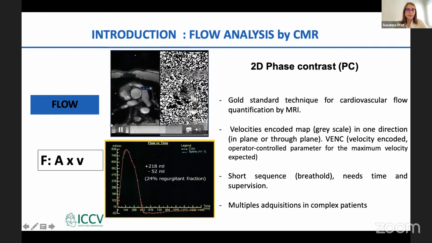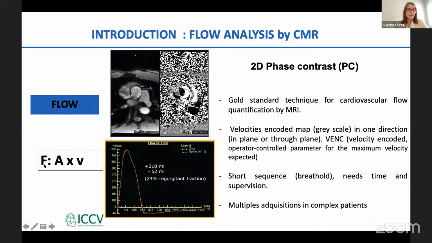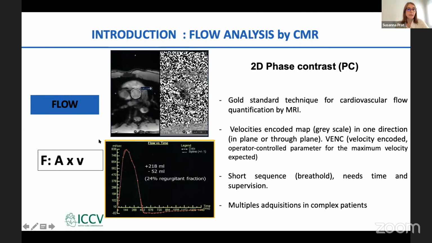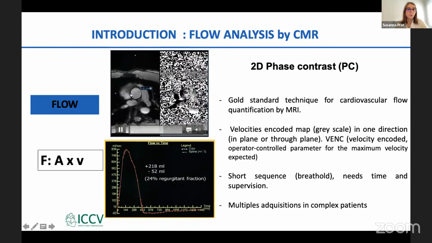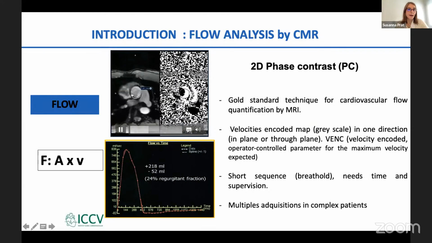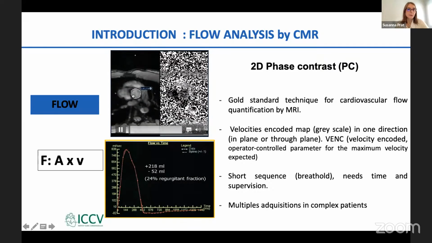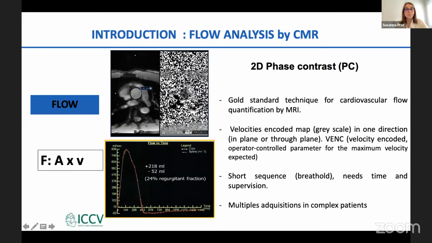With these images, we can get the flow curves, because we can analyze the area through the cardiac cycle times velocity.